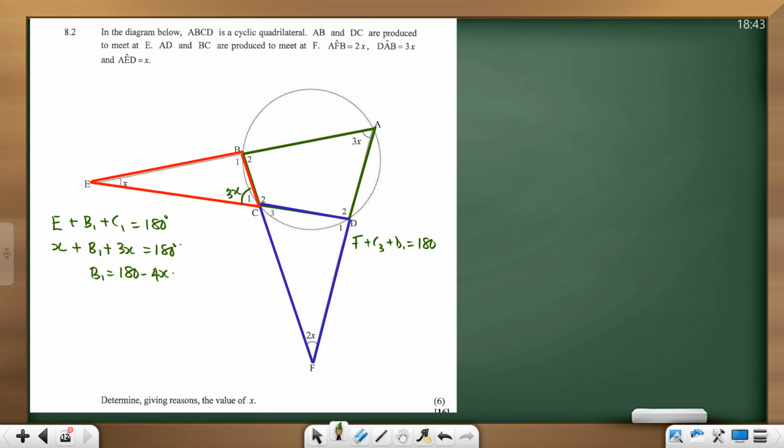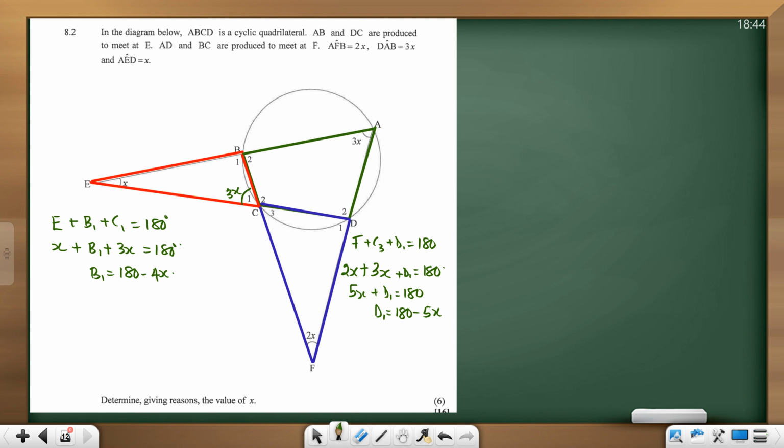I used vertically opposite angles, or opposite exterior angles, so 3x, vertically opposite there. Can I do this for you already? Yes, sir. Plus D1, so 5x plus D1 is equal to 180. Then I will make D1 the subject of the formula. So D1 equals what? 180 minus 5x.